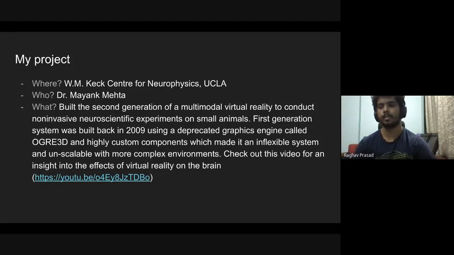Now, as some of you may know, there are two kinds of virtual reality systems. One is a cave system, wherein the virtual environment is projected onto a room-like environment. Say the subject is in a cubicle room or a cylindrical enclosure, and the virtual environment is projected onto the enclosure using cameras.